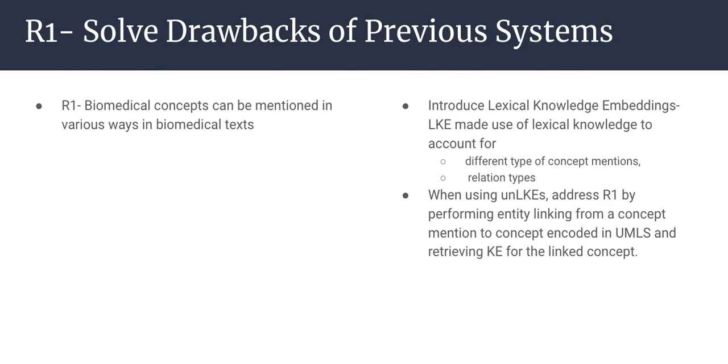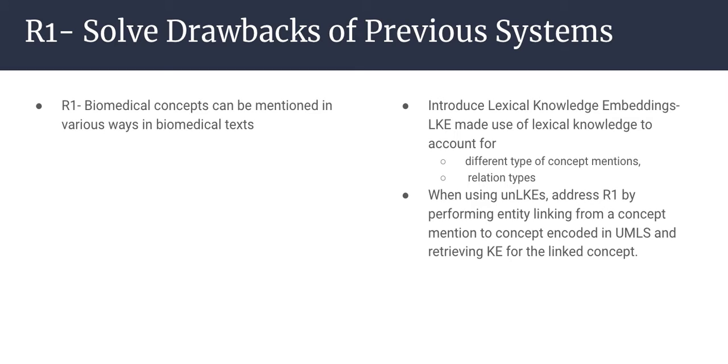So what are the drawbacks of the previous system? One drawback is that biomedical concepts can be mentioned in various ways in biomedical text. The authors resolve this issue by introducing lexicalized knowledge embeddings, to account for different types of concept mentions as well as relation types.